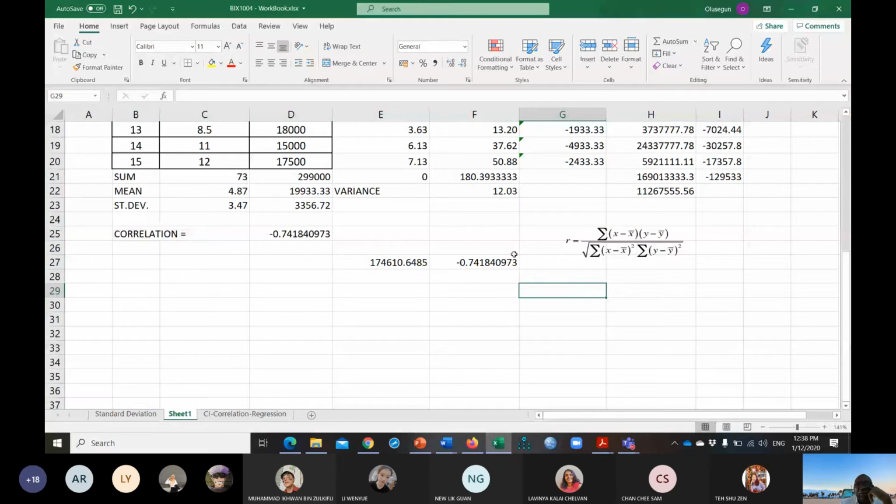Now, we have a negative correlation. How many people get negative correlation? Same. Okay, so what is the interpretation of this?